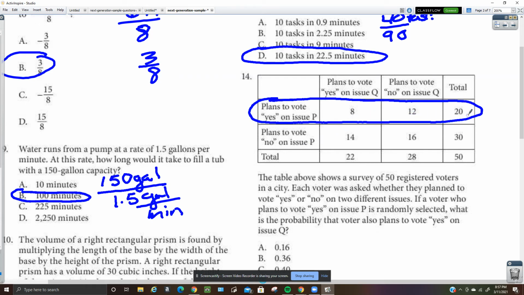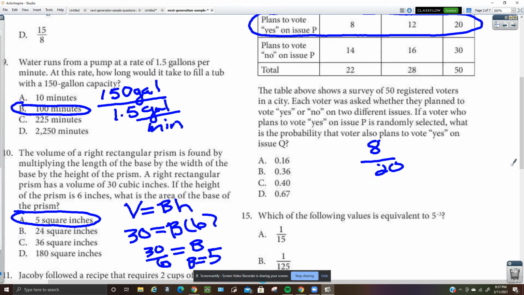So 20 are going to vote yes on P. So the probability they vote yes on Q is 8 out of 20, which is the same as 40 out of 100. So 0.4.